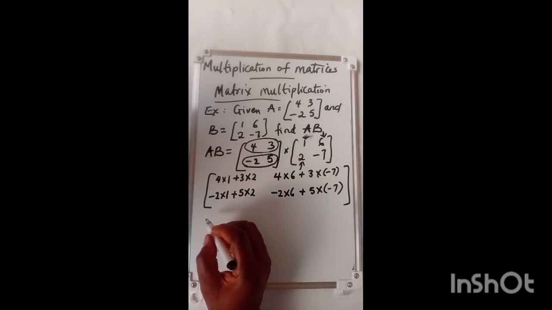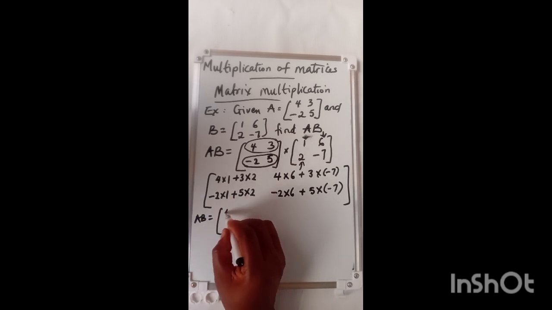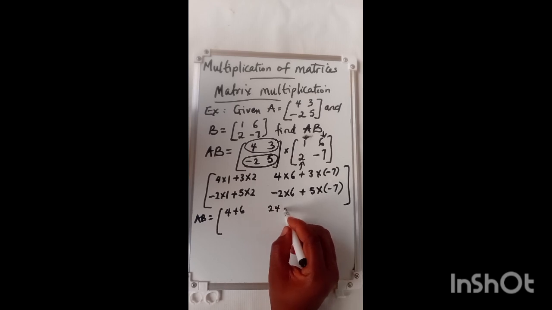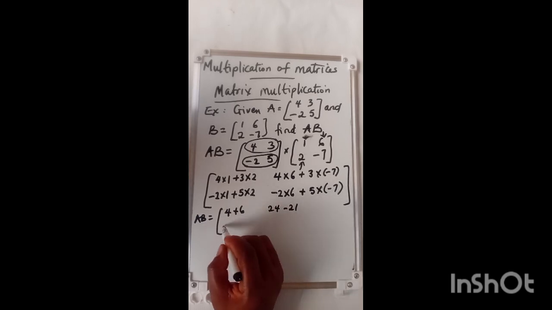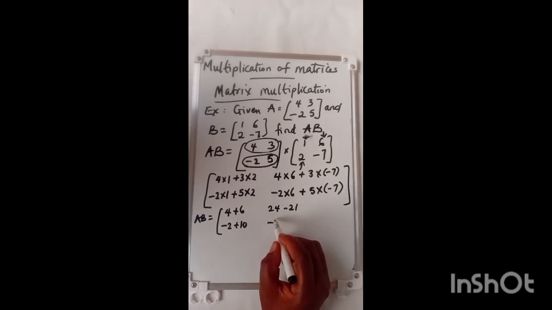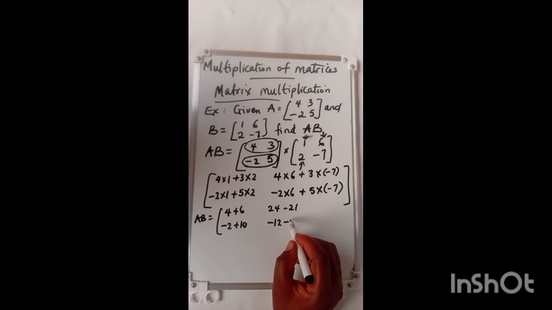Let's find the result of this. AB equals 4 times 1, 4 plus 6. Here we have 24 minus 21. Here we have minus 2 plus 10. Here we have minus 12 minus 35.